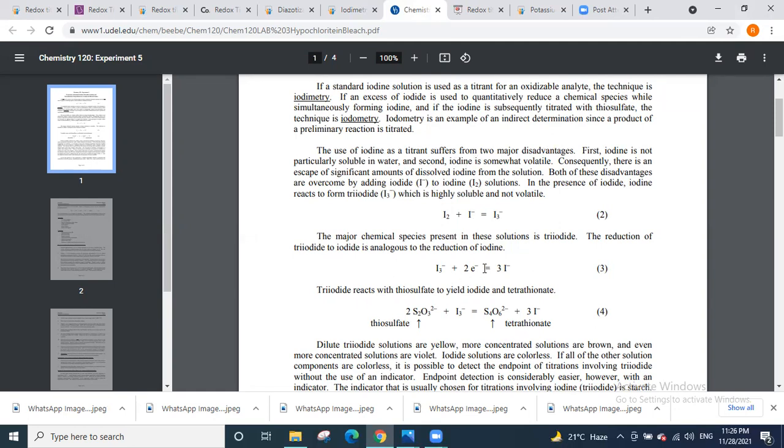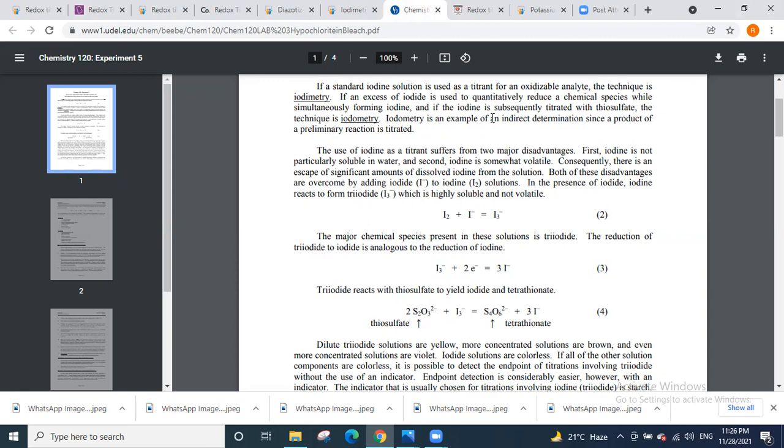Whenever it reacts, it needs 2 electrons for its oxidation and reduction. We also discussed that it reacts very well with sodium thiosulfate and converts into tetrathionate. You must cover how we overcome the problem related to iodine.